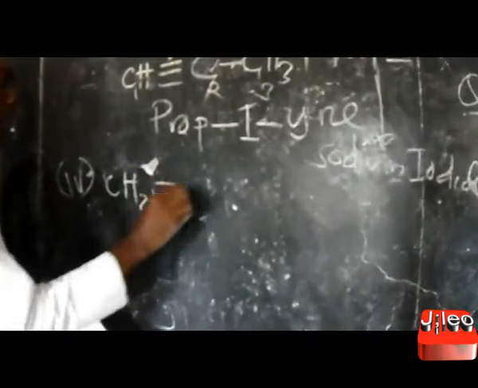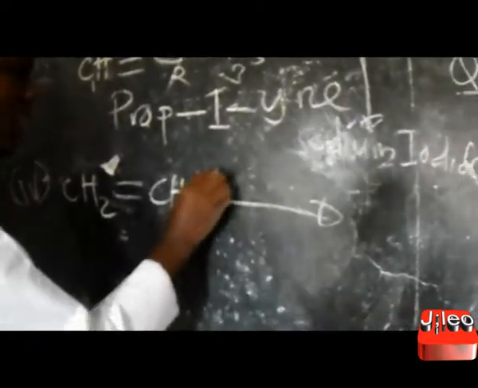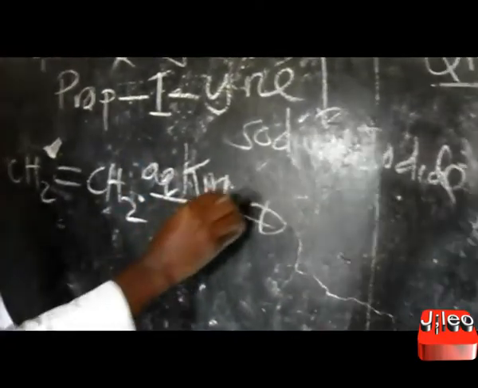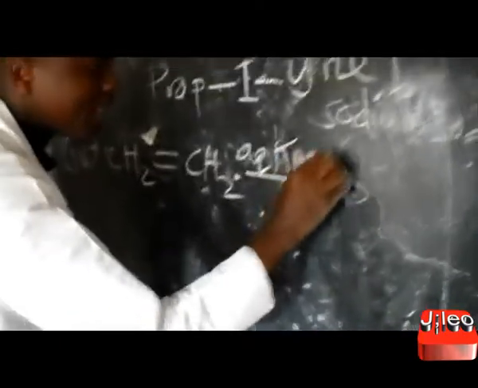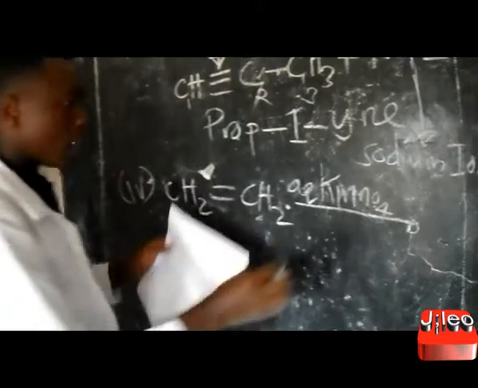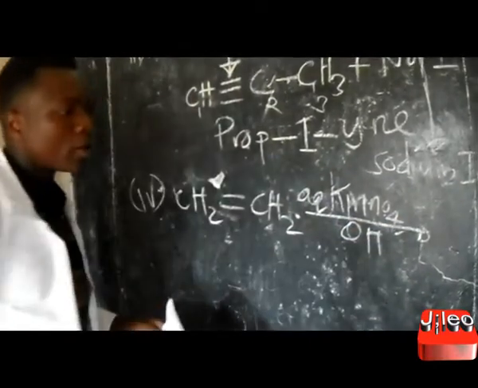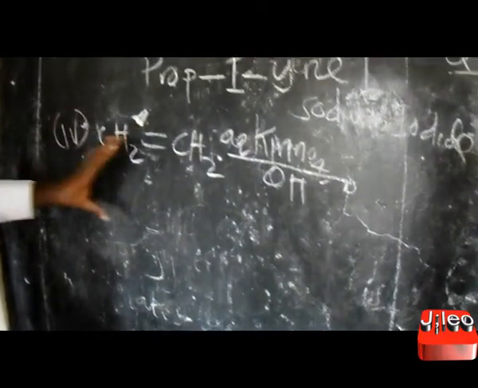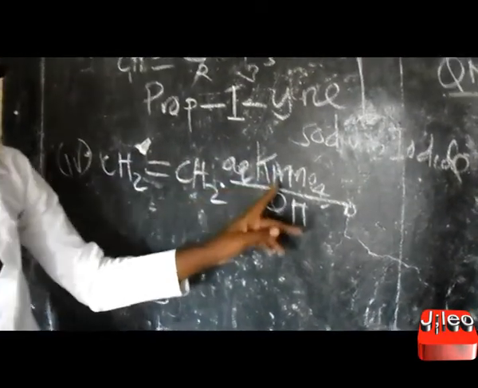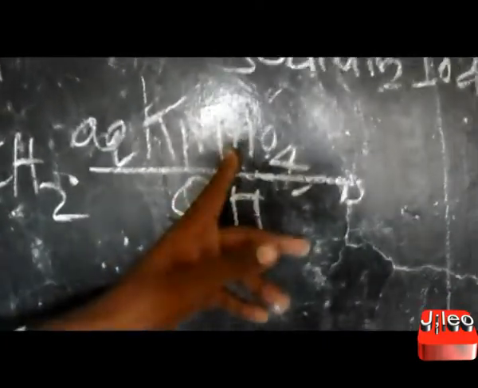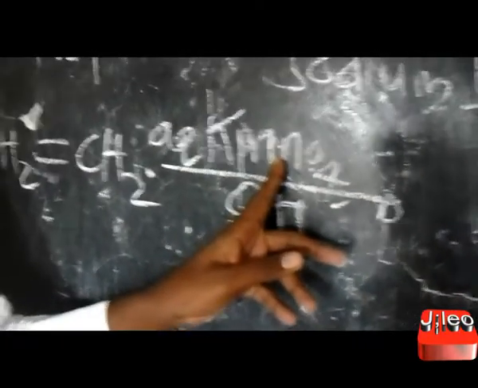CH2 double bond CH2 and aqueous potassium permanganate, potassium permanganate and OH. So now let us trace back on the following issue. You know, potassium permanganate is a strong oxidizing agent.